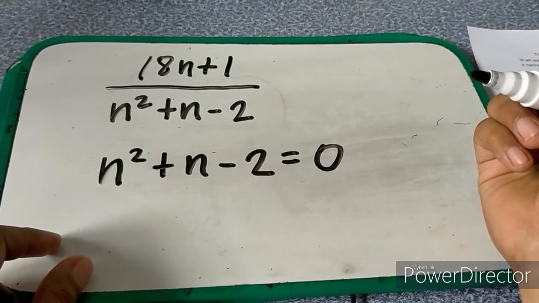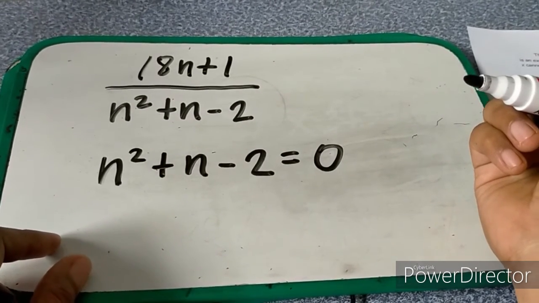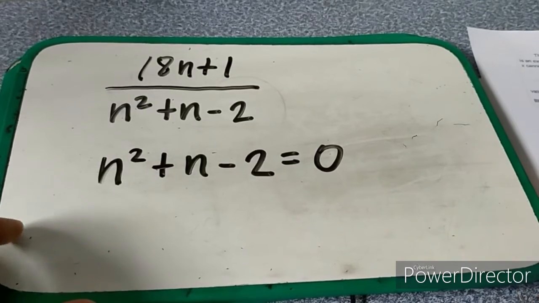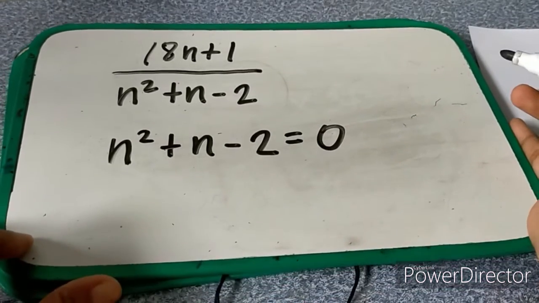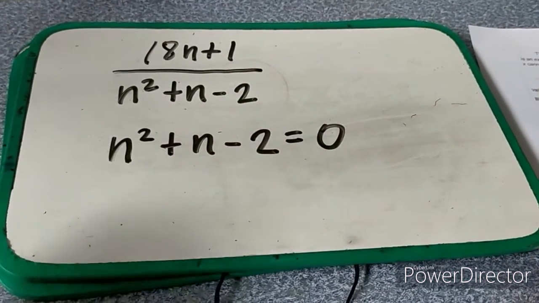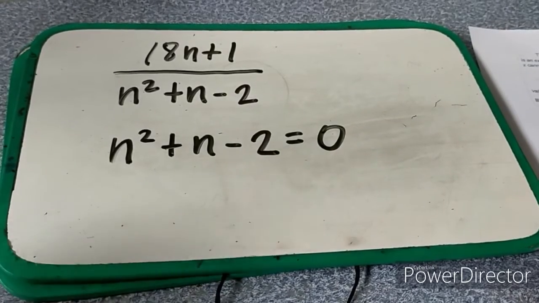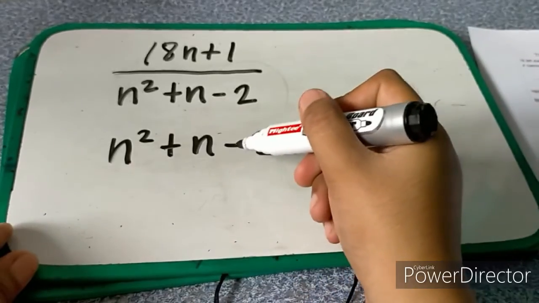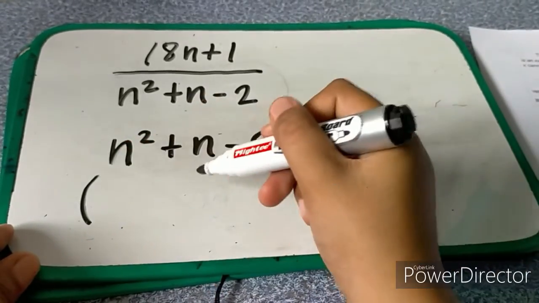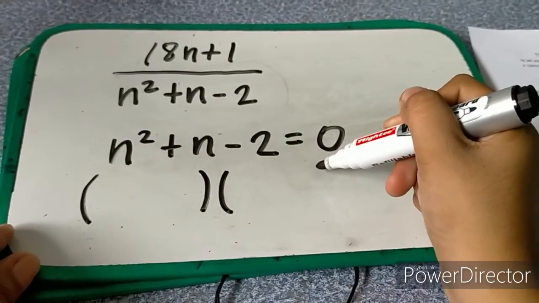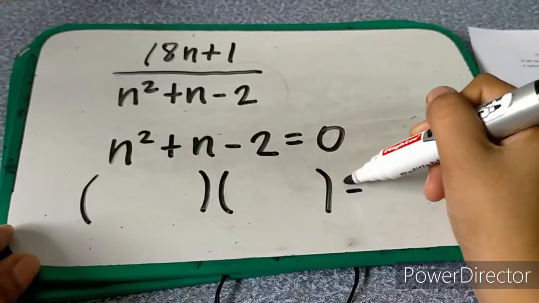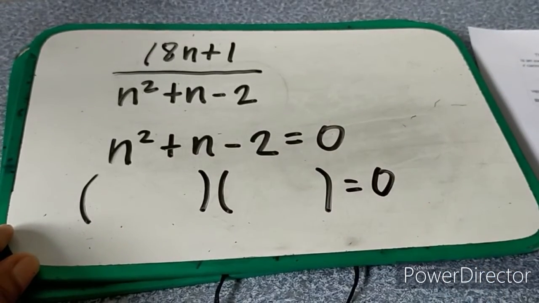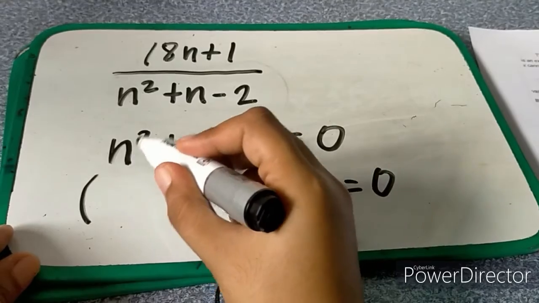Next, anong susunod na gagawin? Let's find for the value of n by the use of factoring. Very good. So, we have finished factoring on the first and 2 weeks of our module. Now, let's factor n squared plus n minus 2 equal to 0. What is the factor of n squared?